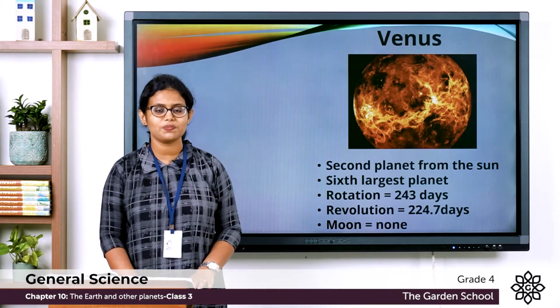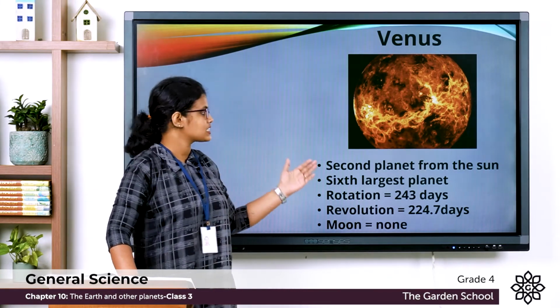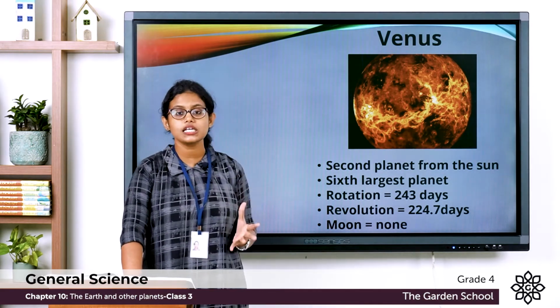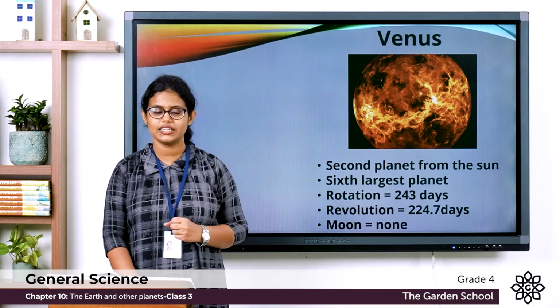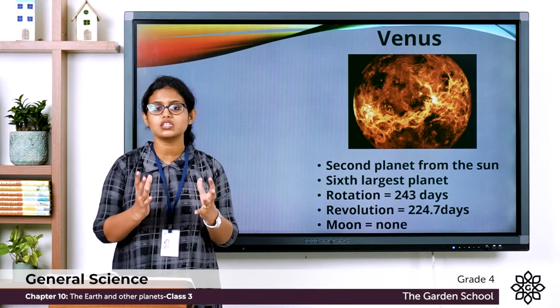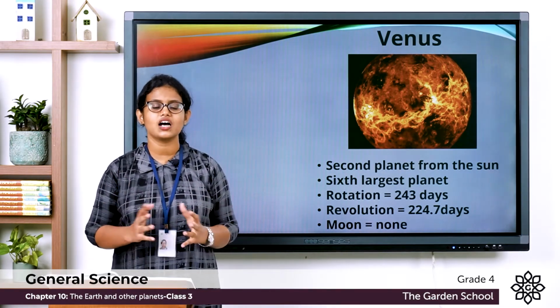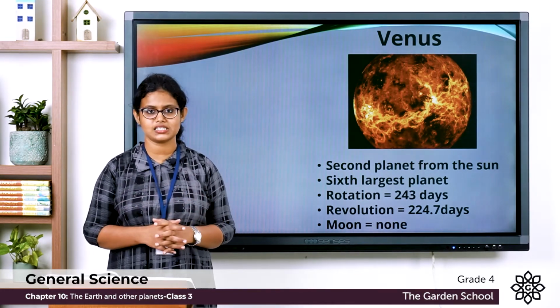So which is the next planet? That is Venus. Venus is the second planet from the sun and it is the 6th largest planet in our solar system. Venus and Earth look almost the same in size.